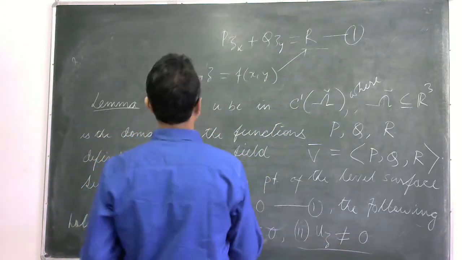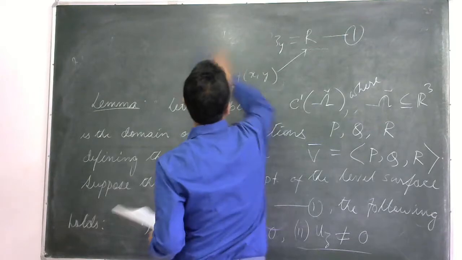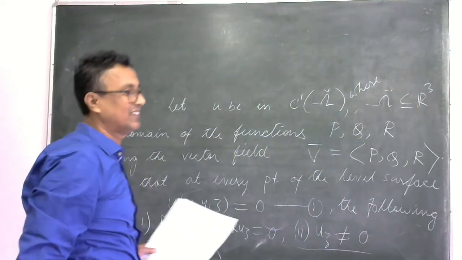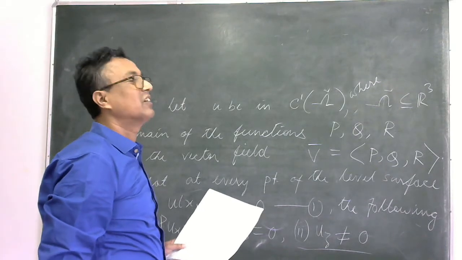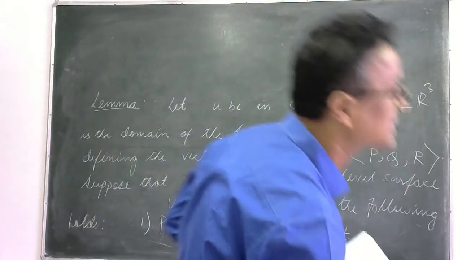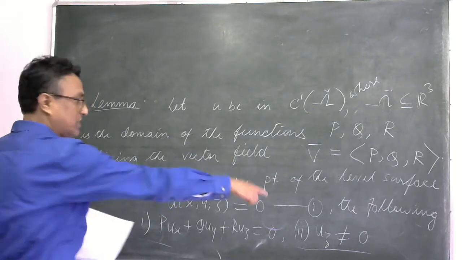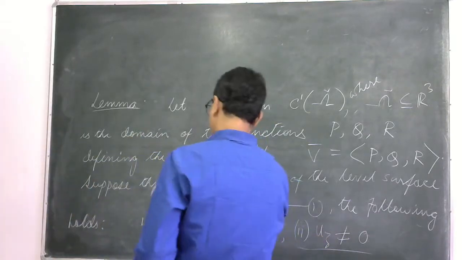Yes, the implicit function theorem. If u_z is non-zero, then we can write z equals F of x, y, and that is going to be a solution of the given differential equation.